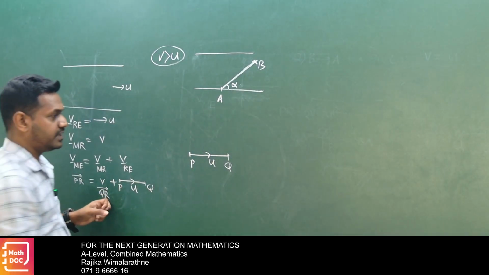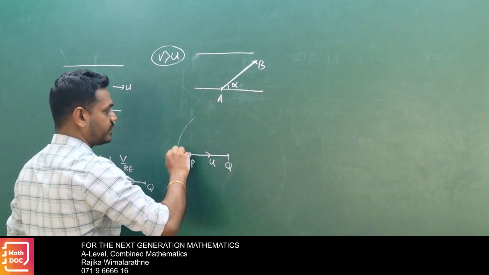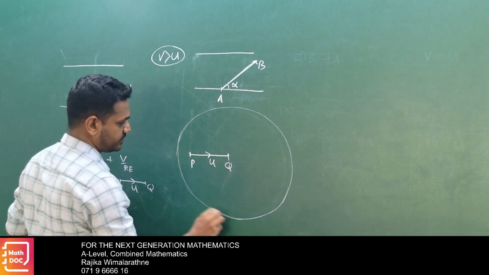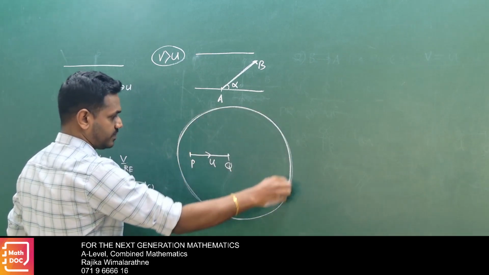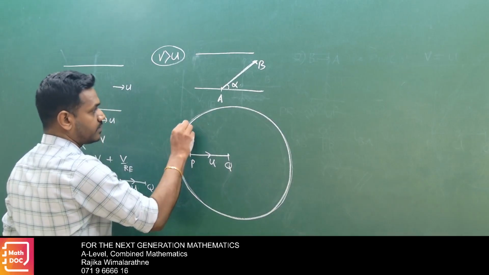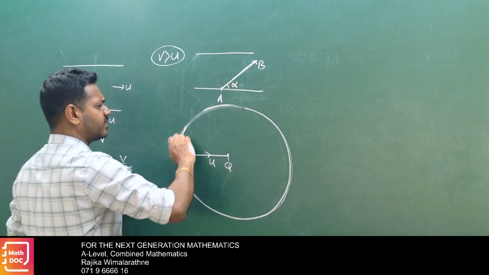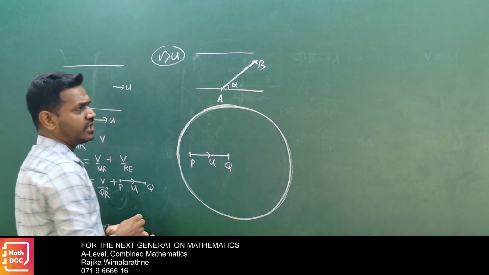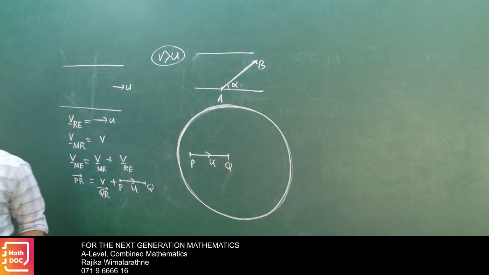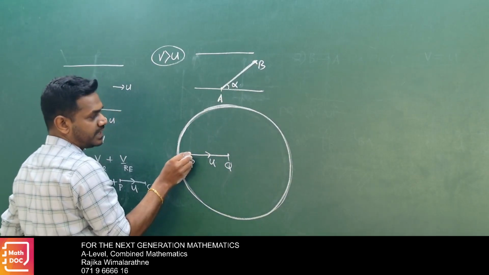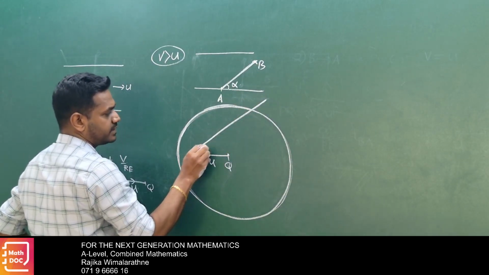Then QR, V, take Q center, radius V circle, sketch. Here it is. Now we need to move A to B, no? Need to move A to B. Then take that direction.